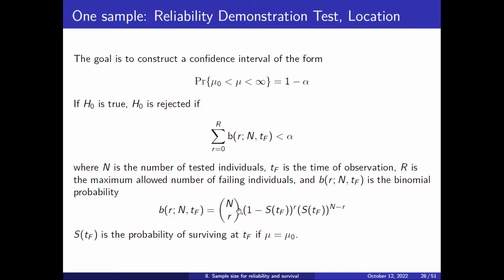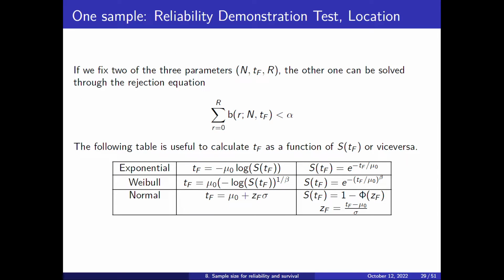And in this survival we are assuming that the mean survival time is this one, mu 0. Okay, so in this equation here, we have three parameters.